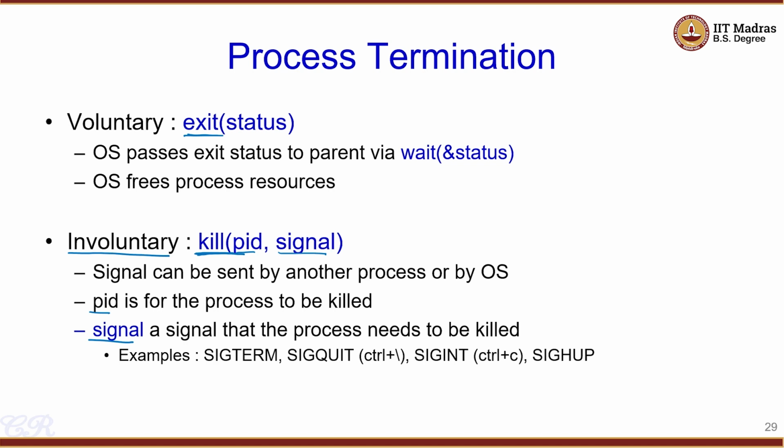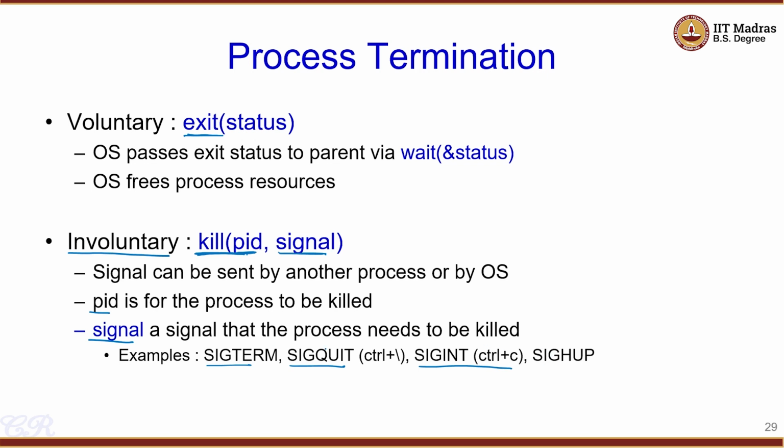So, there are different signals possible like sigterm, sigquit, which is control slash, sigint, which is control C, and so on. There are multiple different signals that a process or the OS can send to a particular process to essentially terminate it. And essentially this is handled by the kill system call.